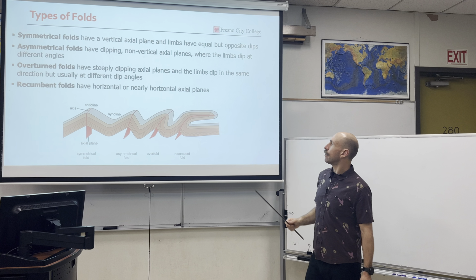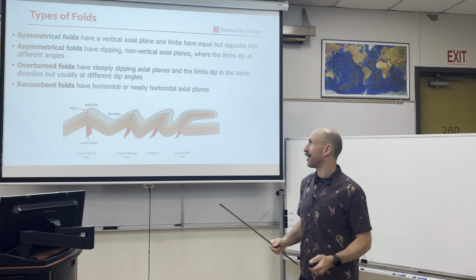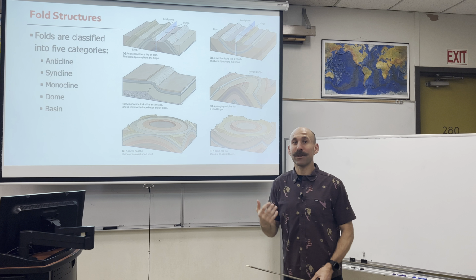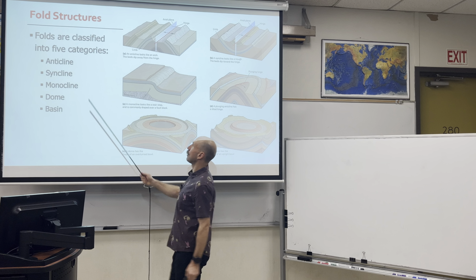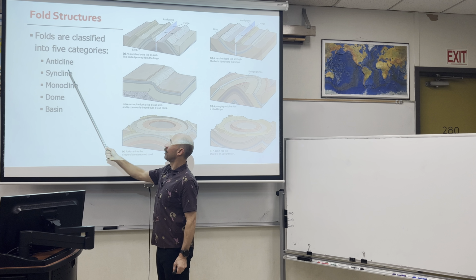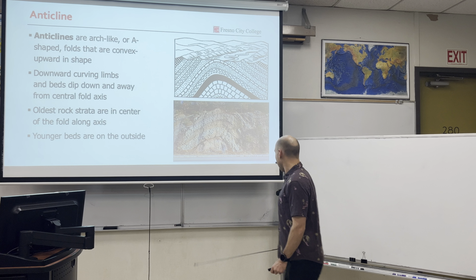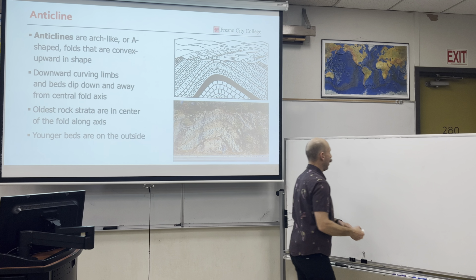So these four types of folds are seen all over the earth and they create specific fold structures. And the five that we're going to get into today are anticline, syncline, monocline, dome, and basin. So, anticlines, this is the way that I had always learned it.